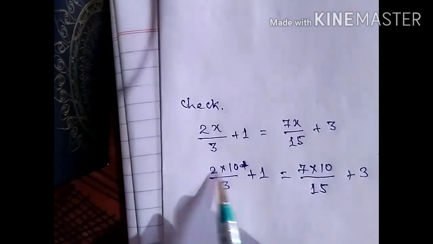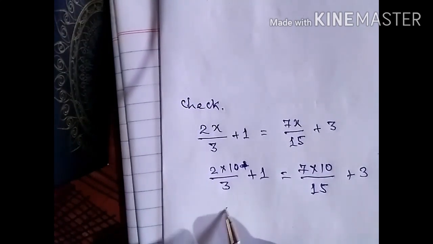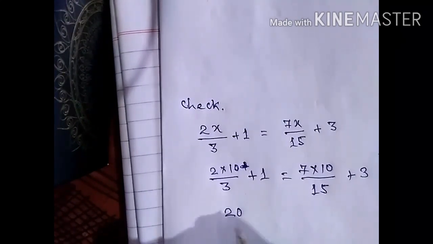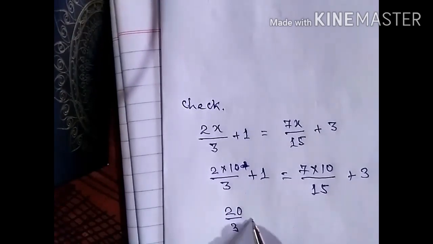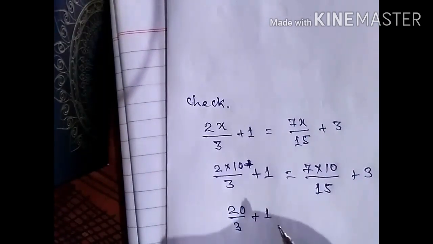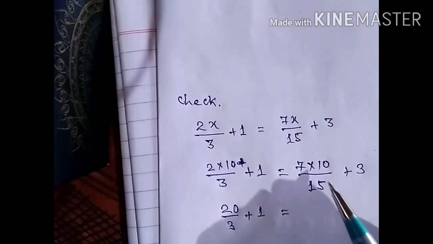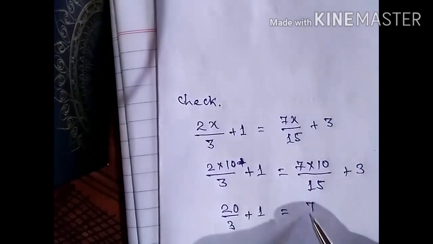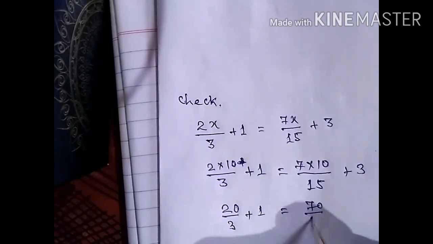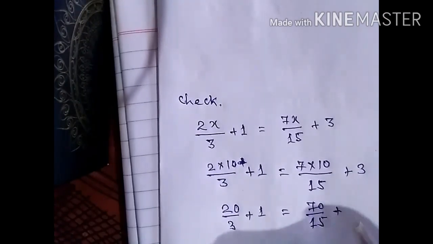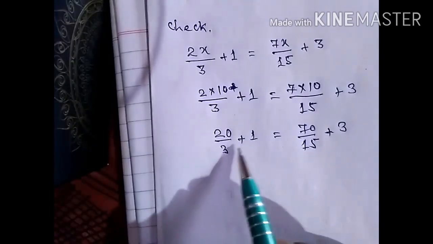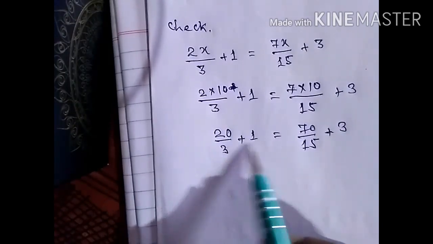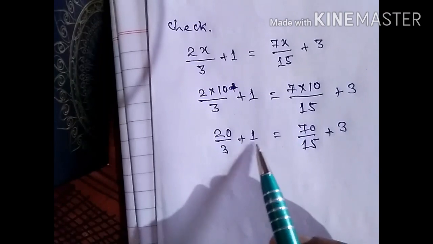Now, student, 2 into 10, that will be 20 by 3 plus 1 is equal to 7 times 10 is 70 by 15 plus 3. Now, student, we have to take here LCM, that is 3.